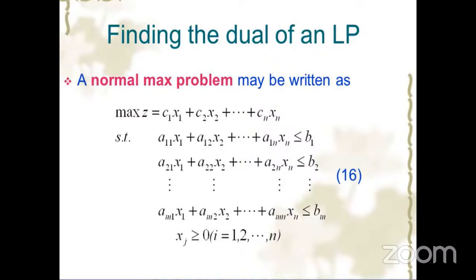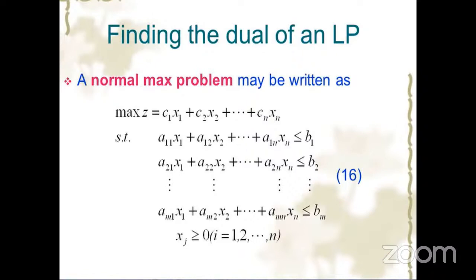Similarly, the second equation is less than or equal to b2, and there may be m equations up to bm. This is a question given to you as a maximization problem. This is normally called a normal max problem, and can be considered the primal problem.